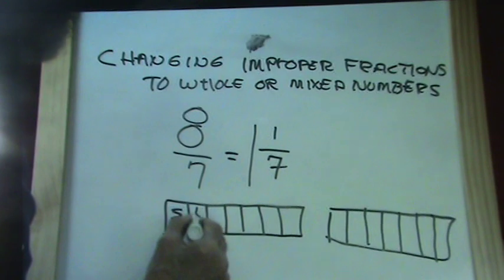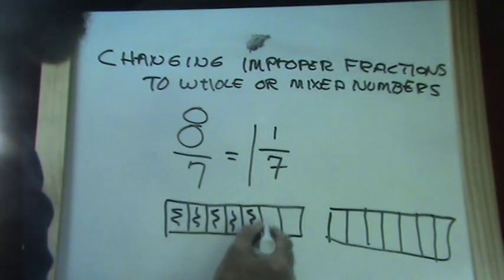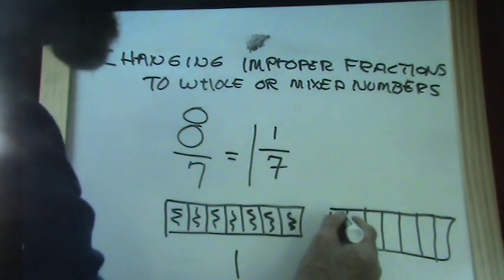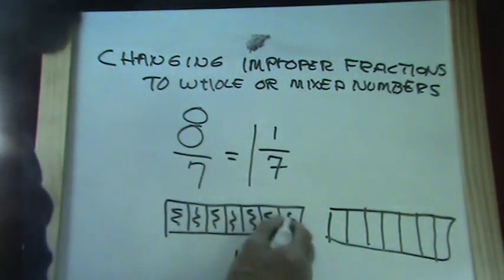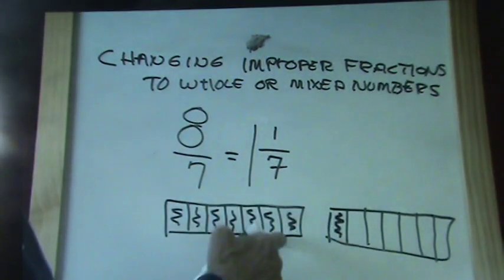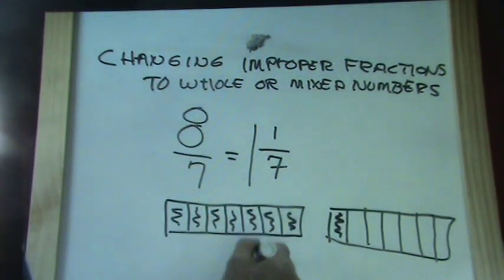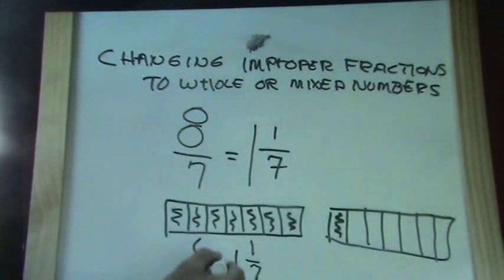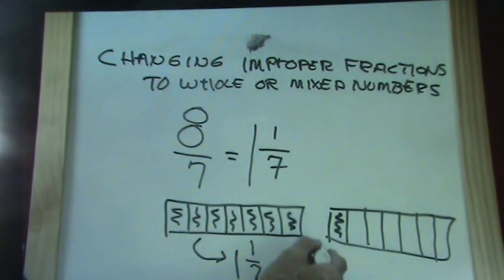So 1, 2, 3, 4, 5, 6, 7. So that's 1 whole. And then I needed, so that's 7, but I needed 8/7. So that's 1 whole plus 1/7. So the 1 whole is here, and the 1/7 is here.